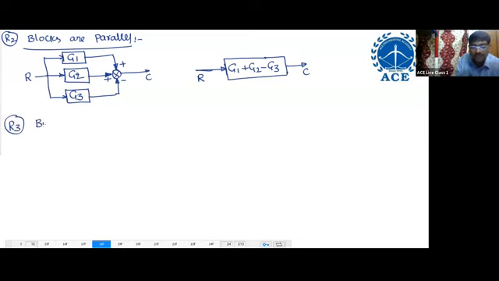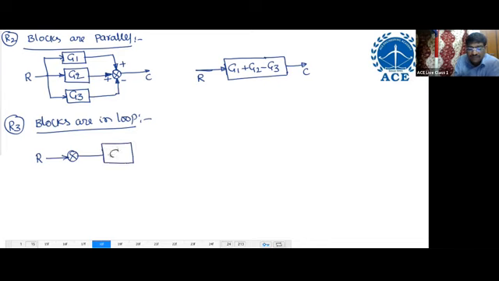Blocks in a loop. If you connect in feedback, what happens? R, G, C, plus, minus, H. What is the equivalent block gain?